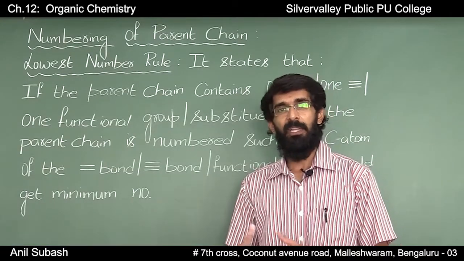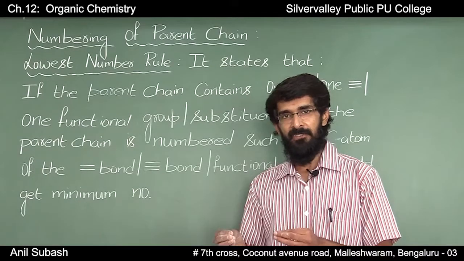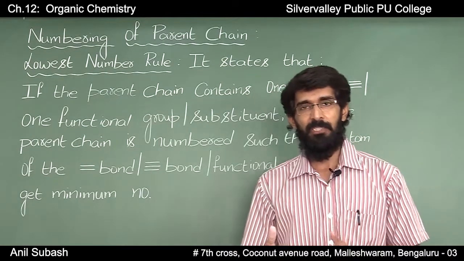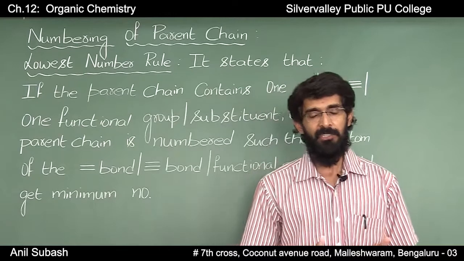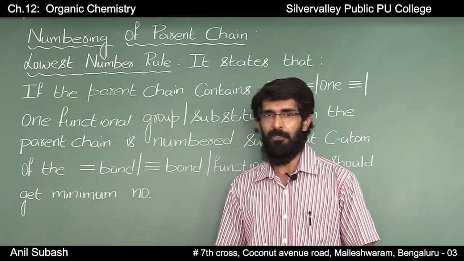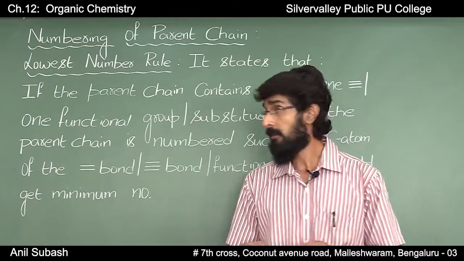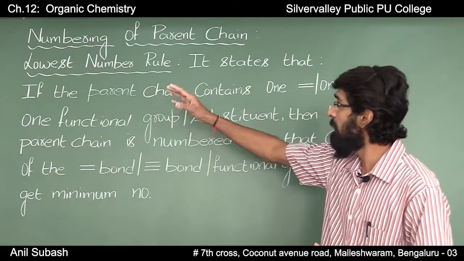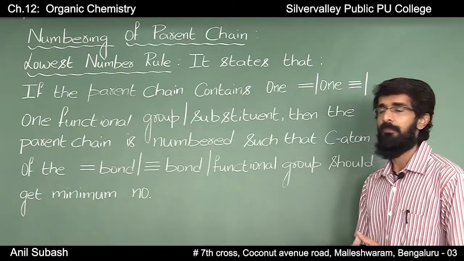After selecting the parent chain, the next step is to number the parent chain either from the left hand side or from the right hand side by following a certain set of rules. And this set of rules is known as the lowest number rule.